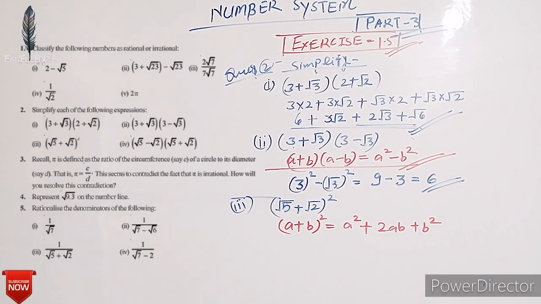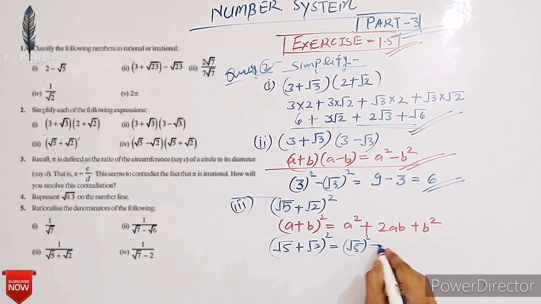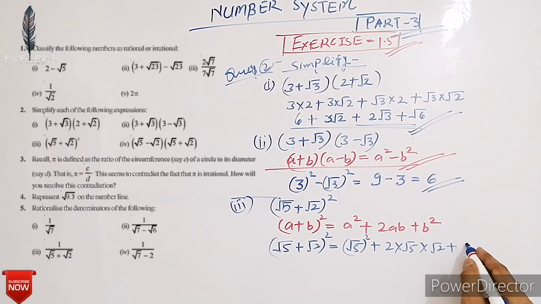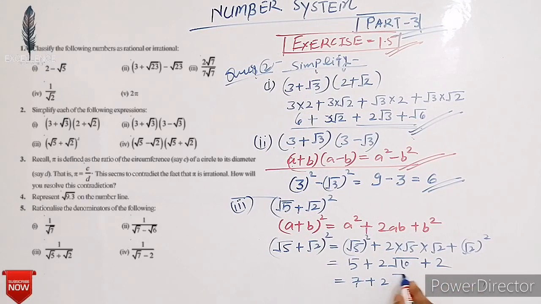So here under root 5 plus under root 2 whole square is under root 5 square plus 2 into under root 5 into under root 2 plus under root 2 square. So here 5 plus 2 under root 10 plus 2. Here 7 plus 2 under root 10. Okay.